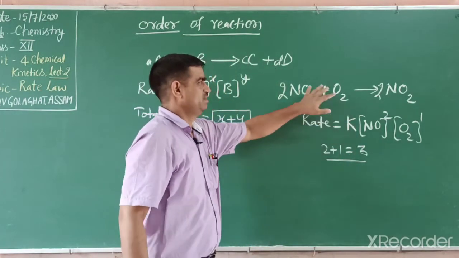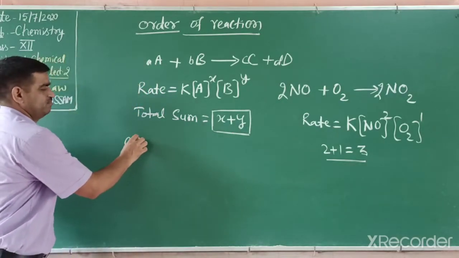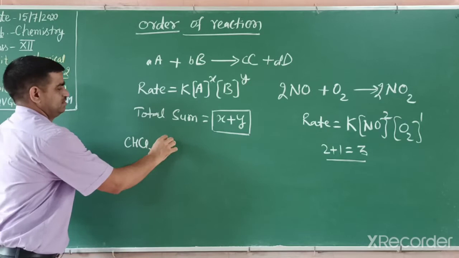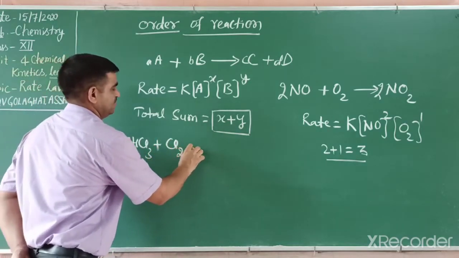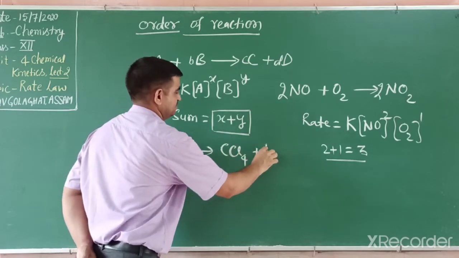This power may or may not be equal to the coefficient. In an earlier reaction, chloroform reacts with chlorine and converts into carbon tetrachloride plus HCl.